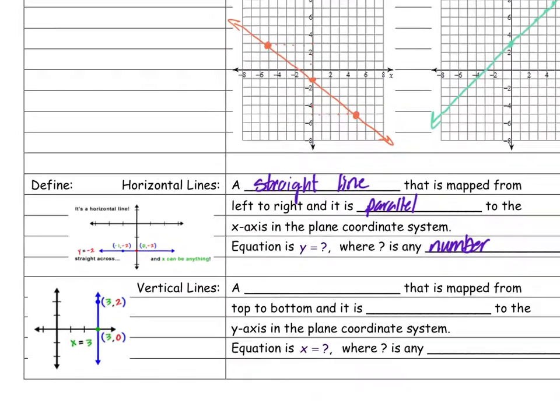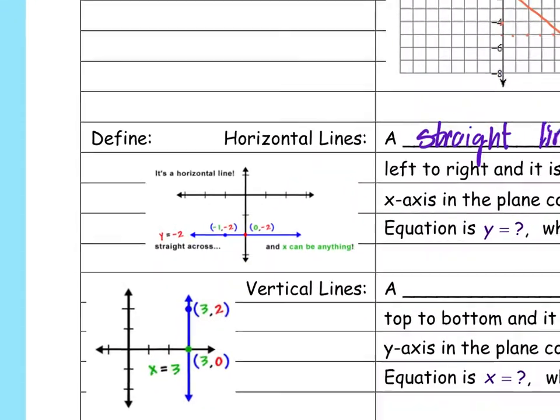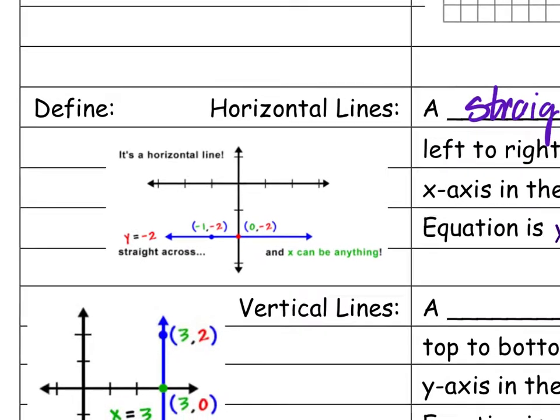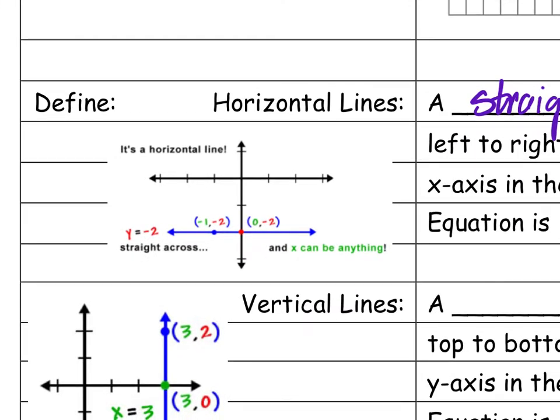I want to kind of zoom in on the picture over here for a second, because this is the definition of a horizontal line, right? Here's my x-axis right here. Here's my y-axis. Here's my horizontal line. And it goes through the point -2. The equation is y equals any number, and it's the number on the y-axis that it goes through, basically.